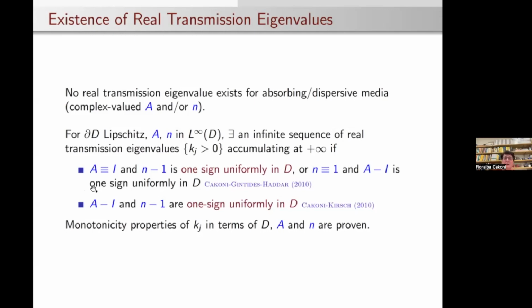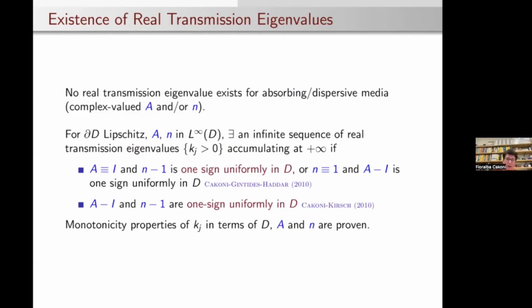So basically, roughly speaking, the result is the following: in general, if the contrast is of one sign, not only on the boundary but uniformly in the entire region D, then there exists an infinite set of real transmission eigenvalues. The assumptions include that there is no absorption and no dispersion.